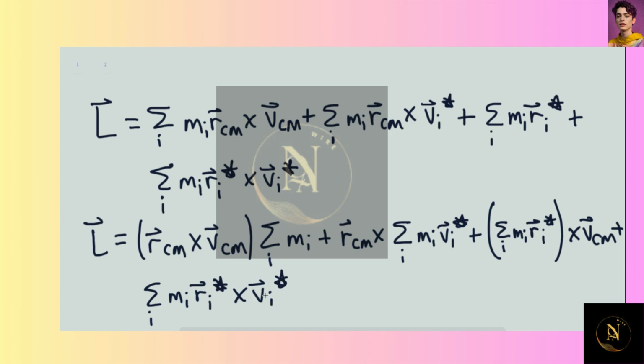And so we can say in the first term, the sum of the masses is simply going to be equal to m, the total mass.